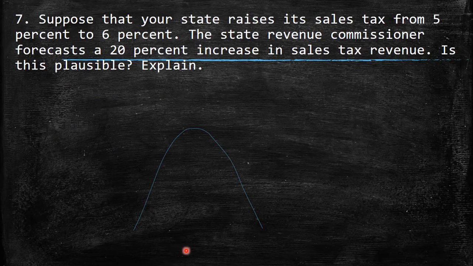Then the seventh part says, suppose that your state raises its sales tax from 5% to 6%. Then the state revenue commissioner forecasts a 20% increase in sales tax revenue. Is this plausible? Explain.